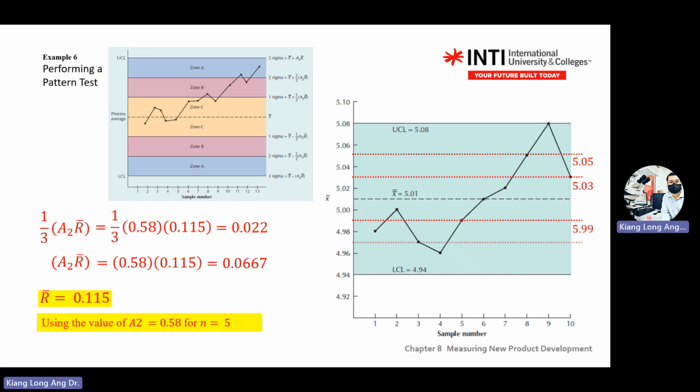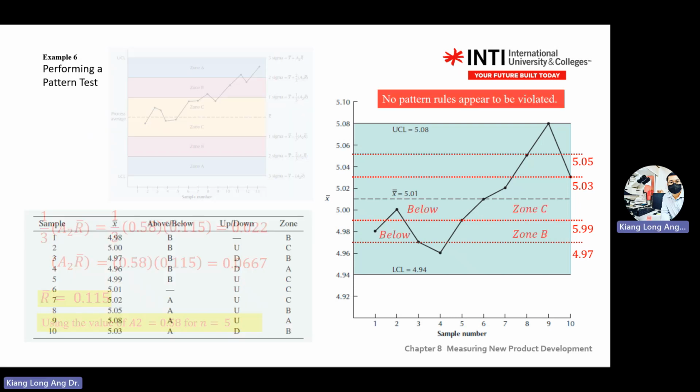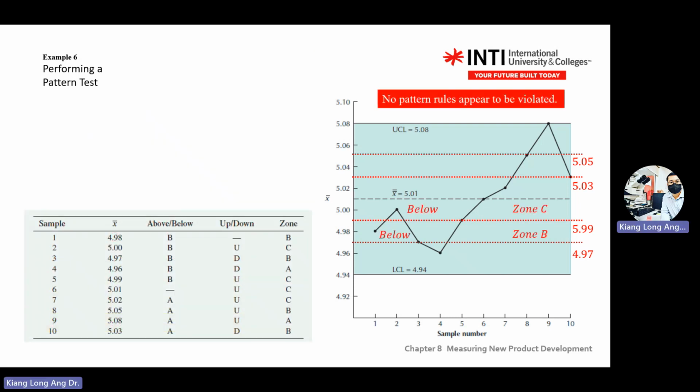You do the rest for the negative side. From the dotted line there, you compare to the standard chart here. You have zone A, zone B, zone C, 3 zones. On the middle is zone C, then zone B, and zone A at the control limit line. From there, you build this table, whether it's above or below.